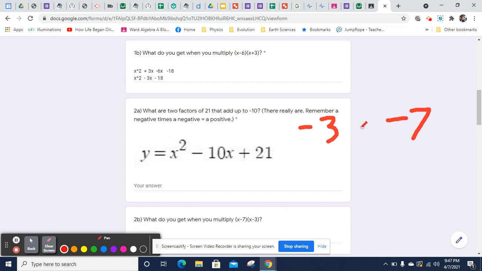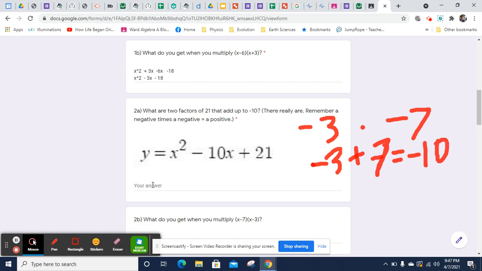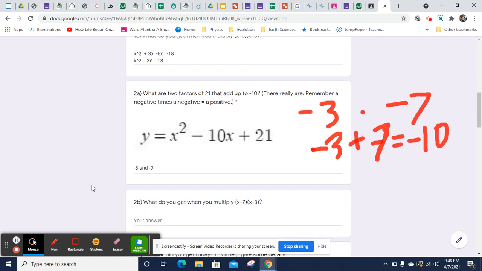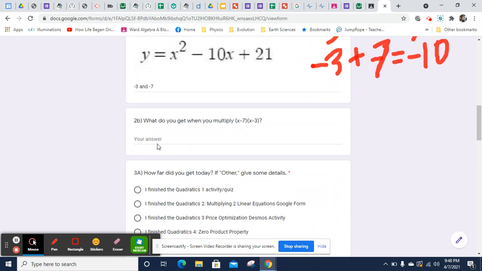Those would multiply to make positive 21, and negative 3 plus negative 7 definitely equals negative 10. Okay, so that's the answer there. Negative 3 and negative 7 are factors of positive 21 that add up to negative 10.